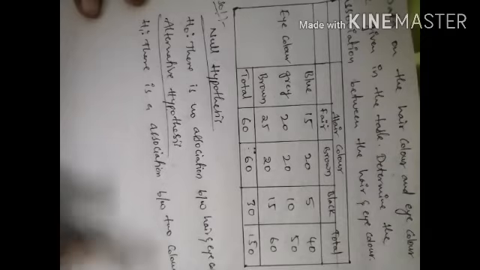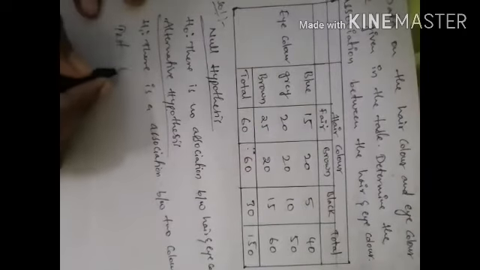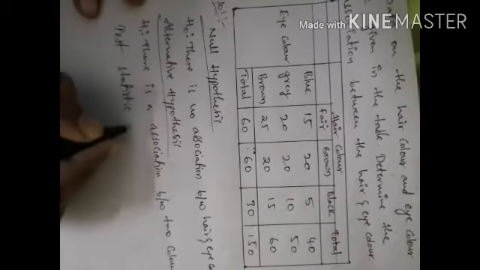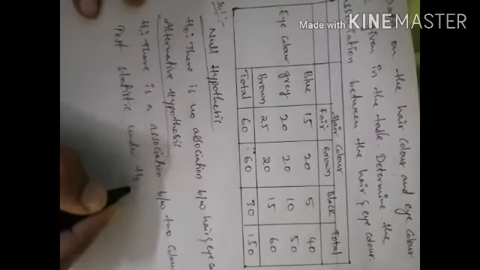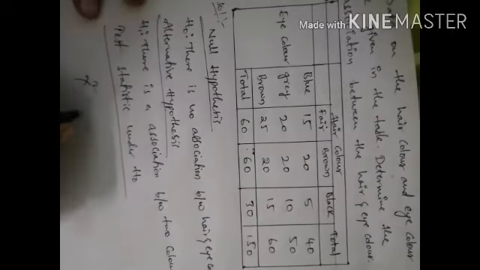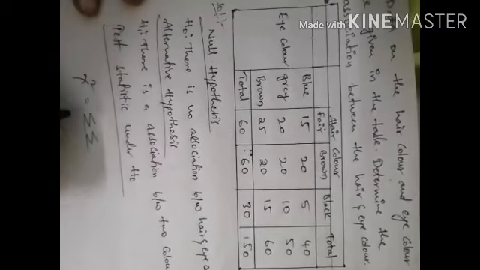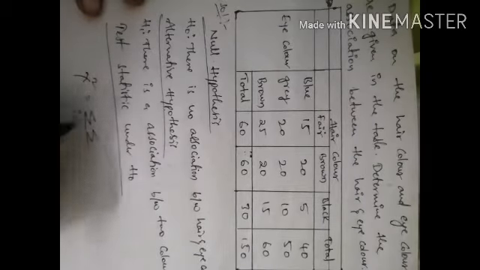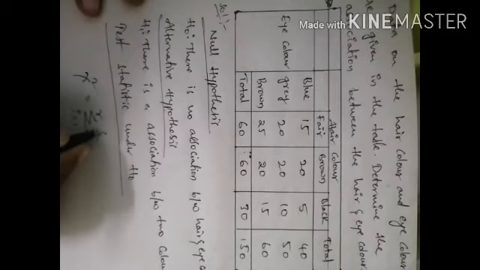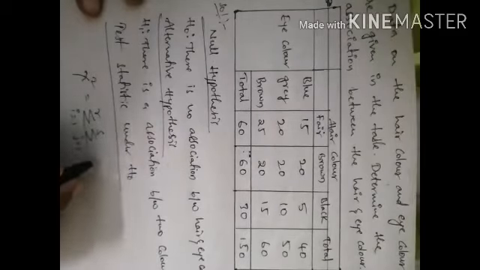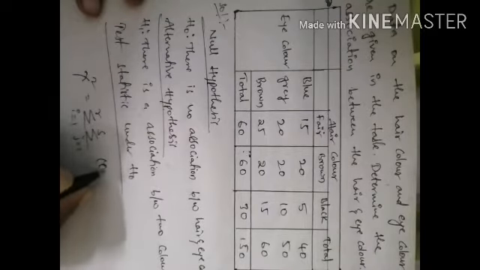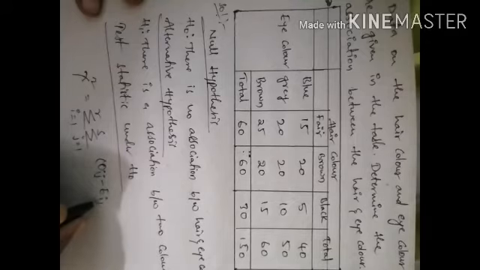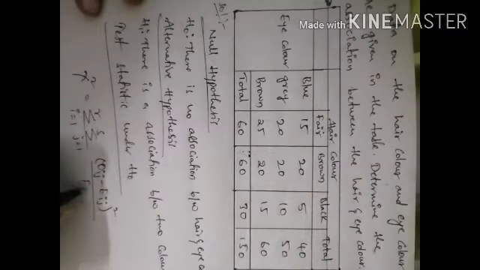So now the test statistic under H0 is chi-square equals the double summation, i equals 1 to r, j equals 1 to s, of (Oij minus Eij) whole square by Eij, which follows chi-square with (r minus 1) into (s minus 1) degrees of freedom.